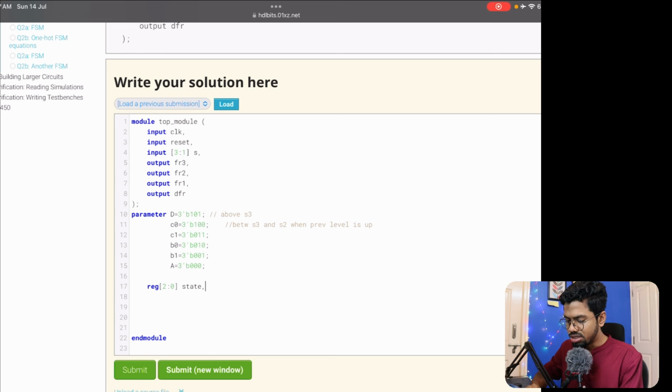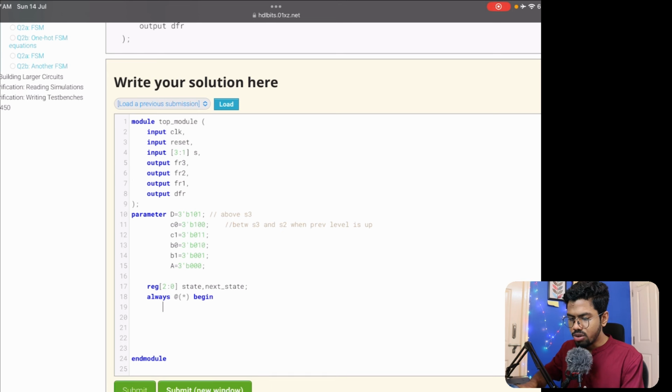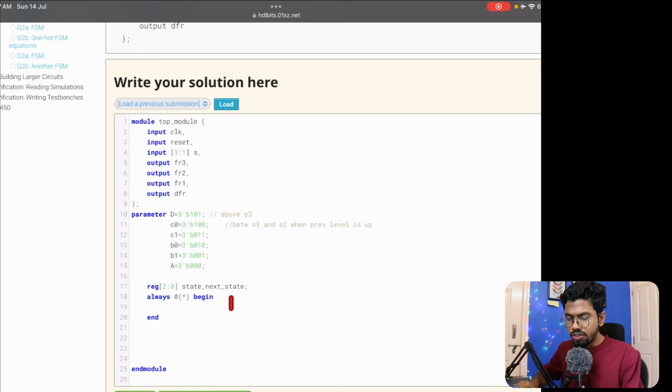So state and next state. Okay, now we will start our always block, which is a combinational always block, and those who have followed me know what I'm writing here. If not, you can just revise your Verilog concepts in 30 Days of Verilog, part 1, the 30 Days of Verilog course.